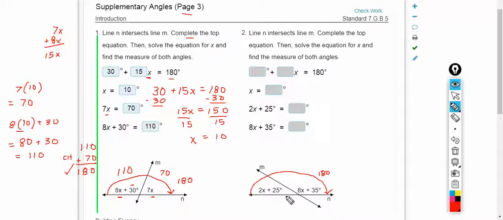Combine like terms. We have a 2x and an 8x, giving me 10x.